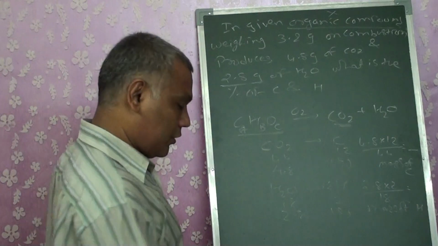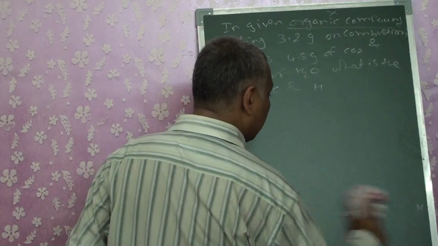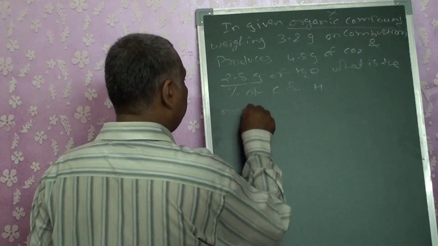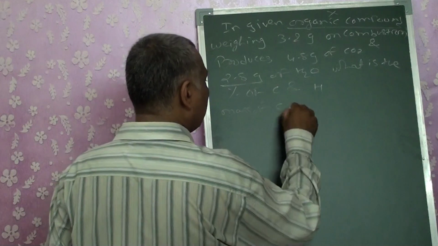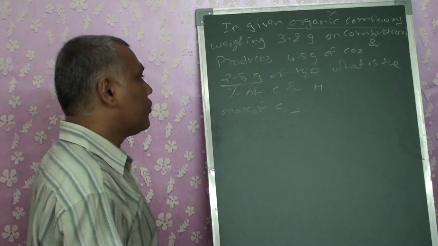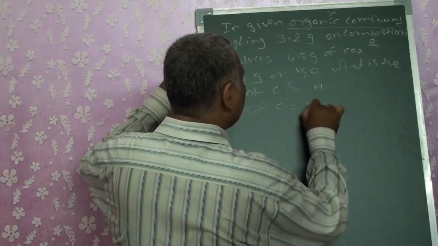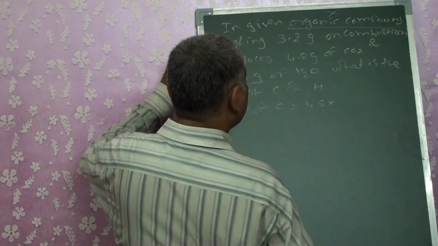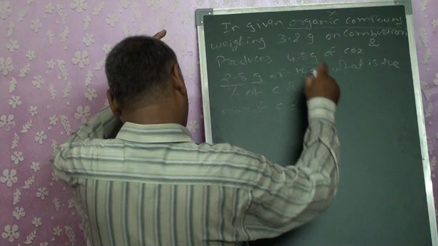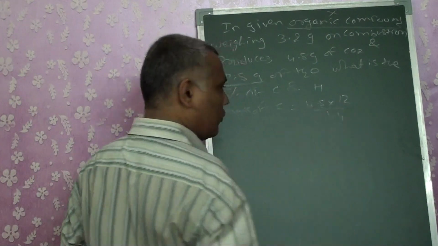Now we will convert it into percentage. The mass of carbon, by calculation, was 4.8 into 12 by 44.